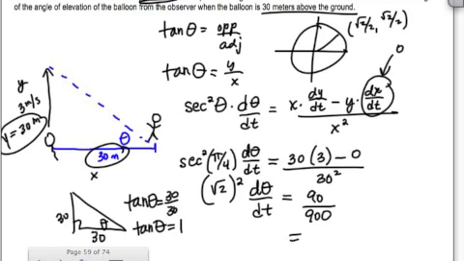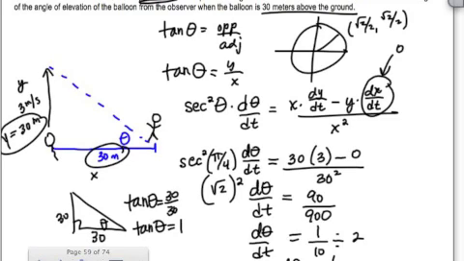So 1/10, and I'm going to divide by 2. What do you get? 1 over 20, right? 1/20. Okay, so what are my units?